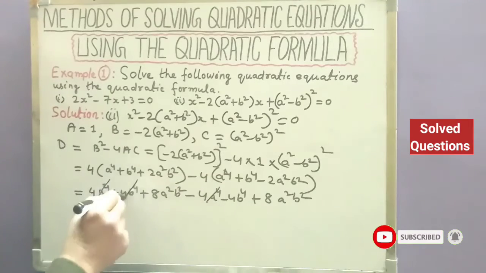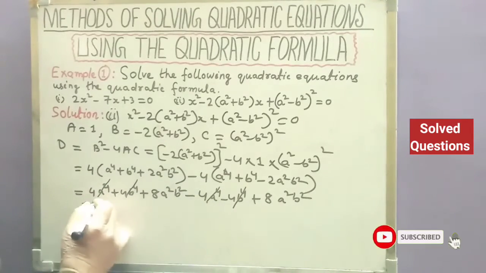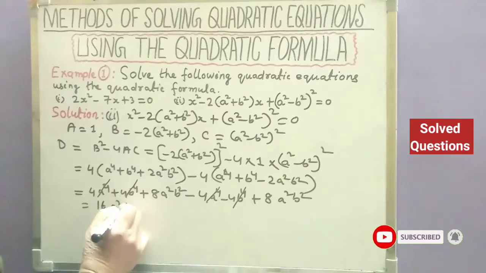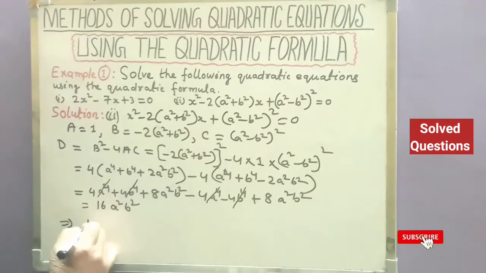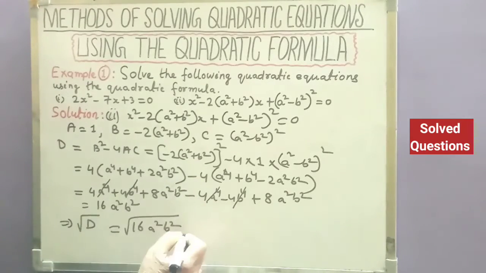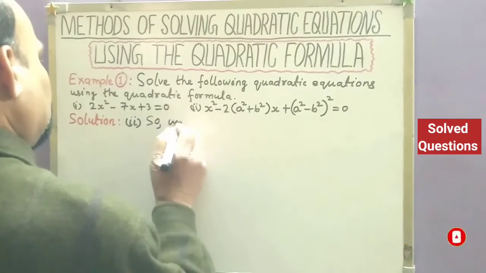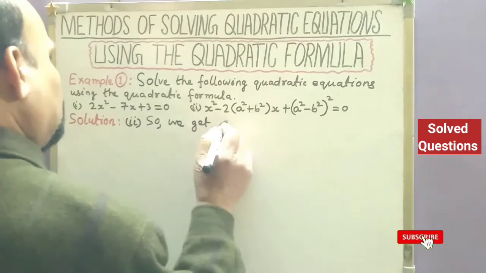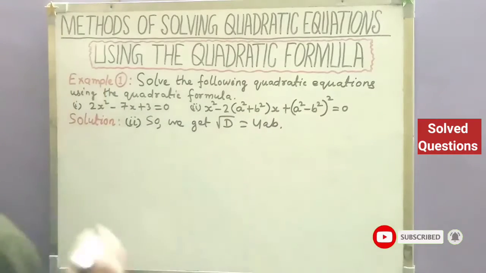Just cancel 4a to the power 4 and 4b to the power 4. So we get 16a square b square. That implies square root of D equals square root of 16a square b square, that equals 4ab. So now we get square root of D equal to 4ab.